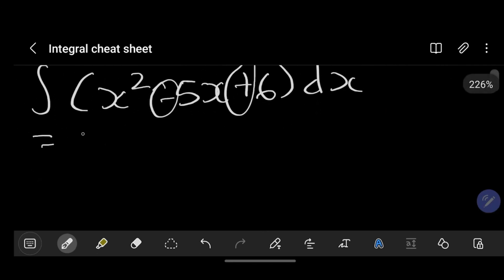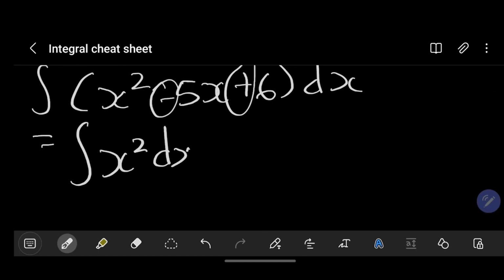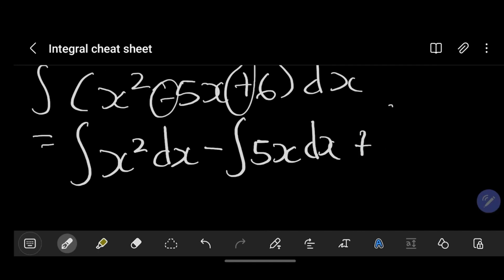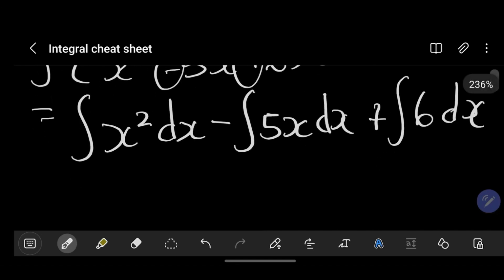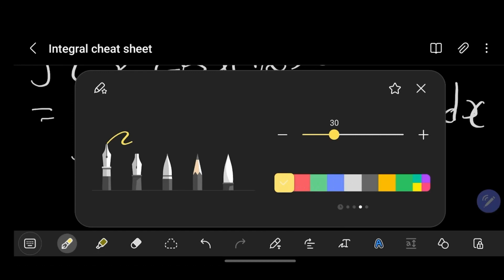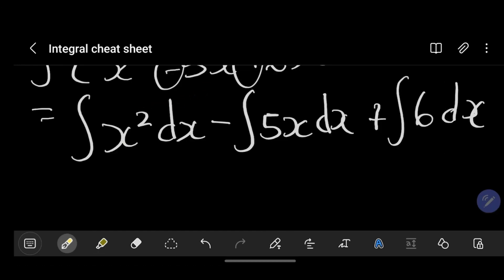So we rewrite it as the integral of x squared dx minus the integral of 5x dx plus the integral of 6 dx. Okay, now we can see we split up this polynomial into three integrals that we need to find, and if you look at them quite carefully, you can see that for the first one here, it's x to the 2, which means we can use the power rule.